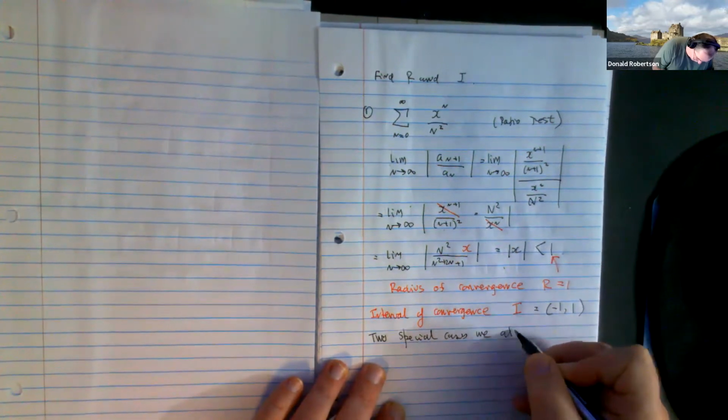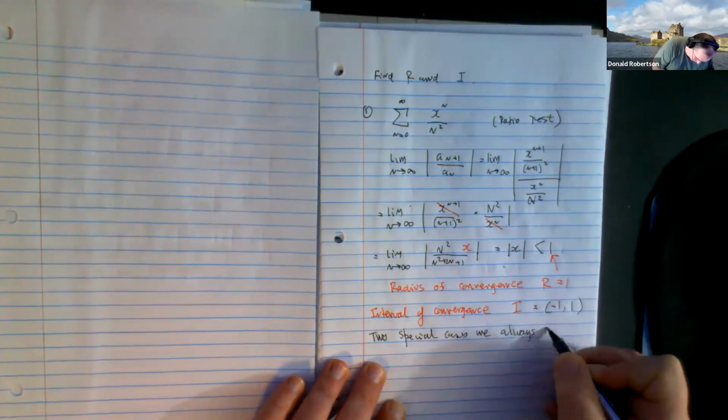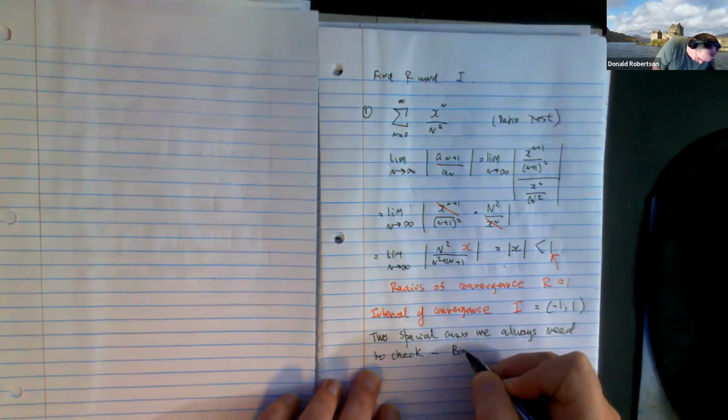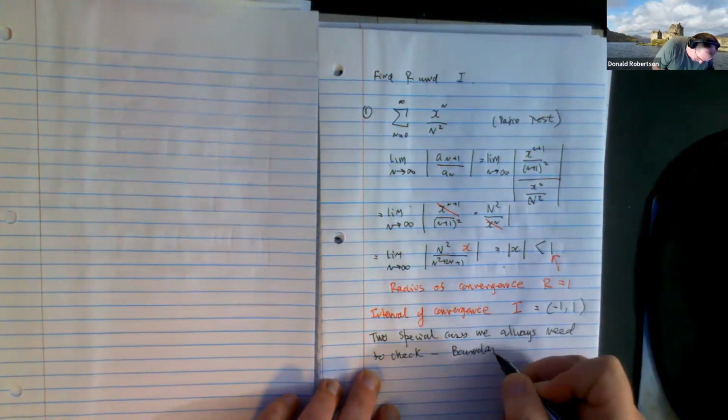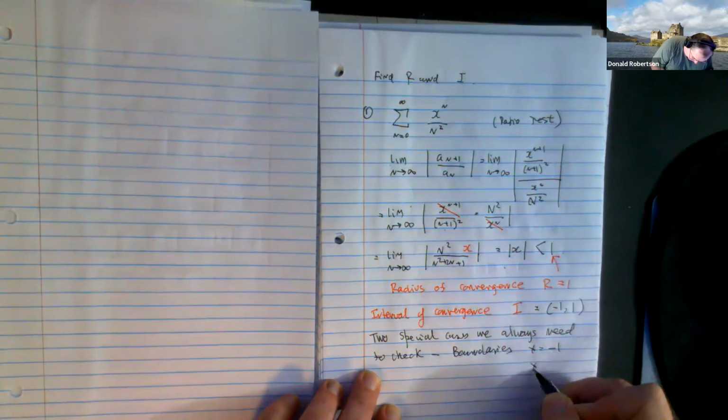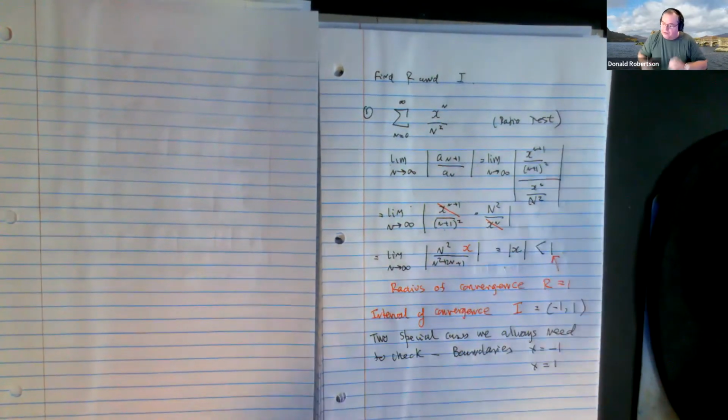We always need to check. And these are the boundaries. In this interval, the boundaries are X equals -1 and X equals 1. You agree? The endpoints, the boundaries.